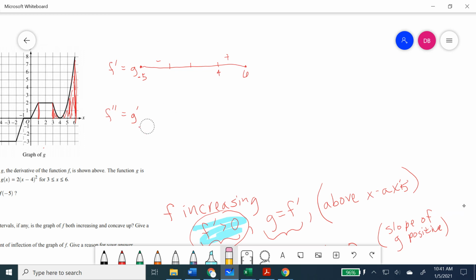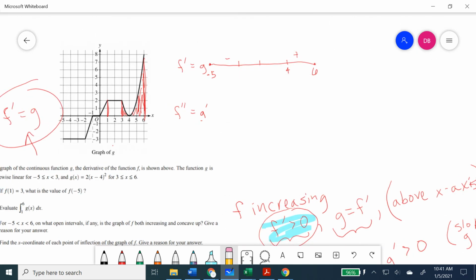Normally I would use my chart, but what I'm going to do is look for where the graph is above the x-axis. That's my first question. Above the x-axis is occurring for this x interval. Then I also want when it has a positive slope.